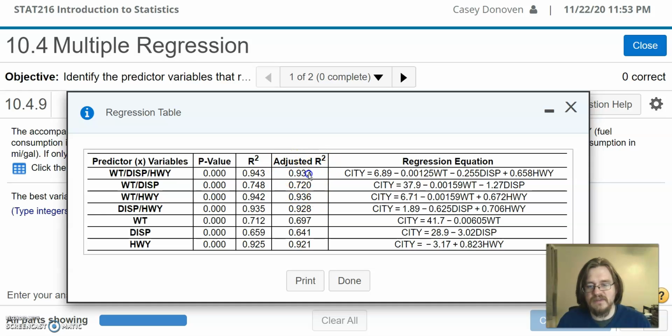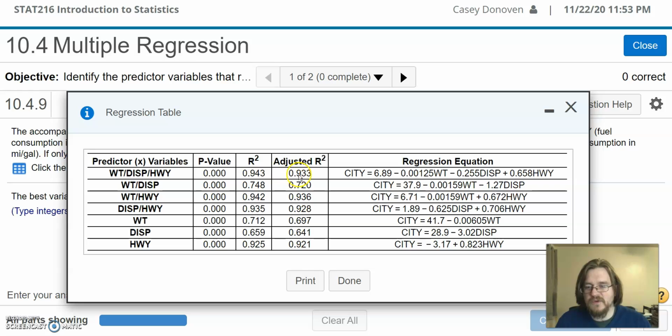So notice that some of these are going to be a lot closer to 1 than others. So for instance, using all 3 variables has an adjusted r-squared of 0.93, whereas using only the weight of the car and the engine displacement has an adjusted r-squared of 0.72. So this means using all 3 variables is better than using just weight and displacement to try to predict the city gas mileage.